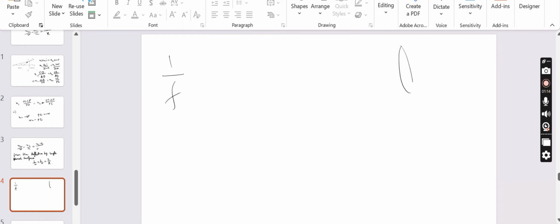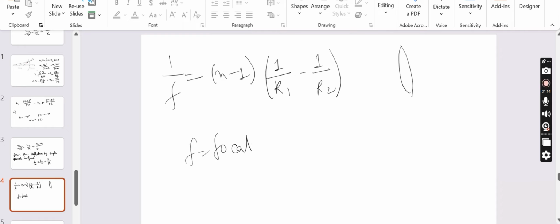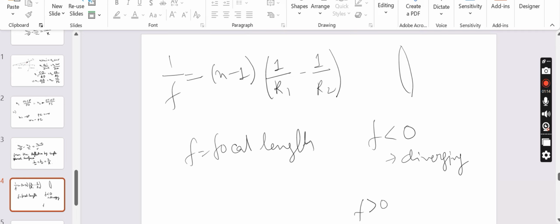From a thin lens, we get the formula 1/f = (n - 1)(1/R1 - 1/R2). Here f is the focal length, and depending on these values, if f is negative, the lens is diverging, and if f is positive, it is converging.